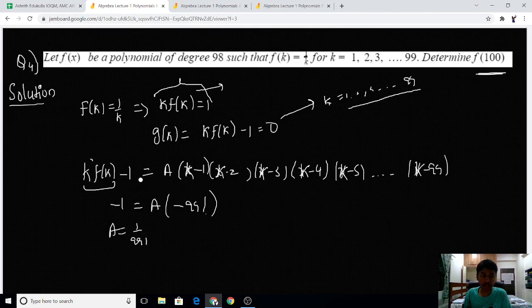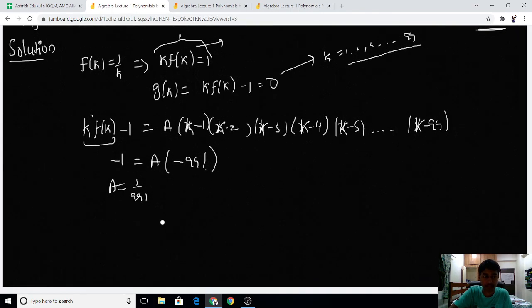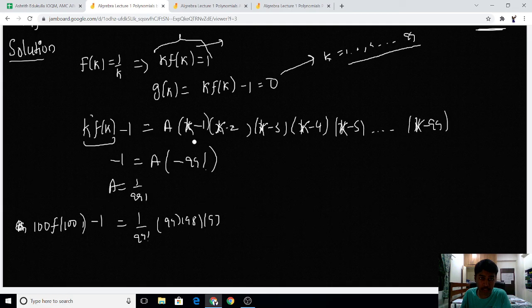So now let us substitute 100 here. Let me write it again: I'm substituting k as 100. 100 into f of 100 minus 1 equals 1 by 99 factorial into 99 into 98 into 97, because 100 minus 1 equals 99, 100 minus 2 equals 98, up to 1.